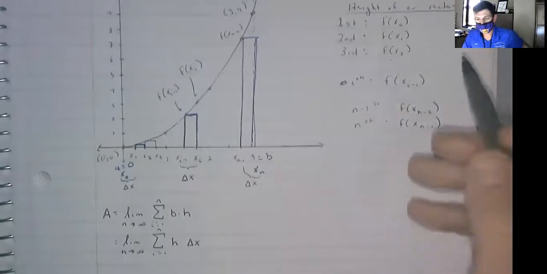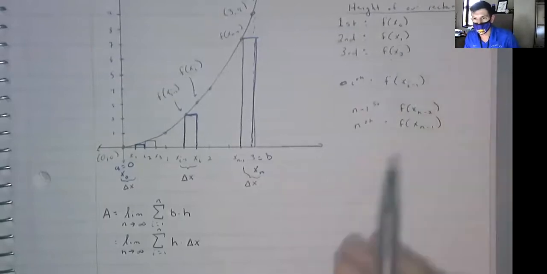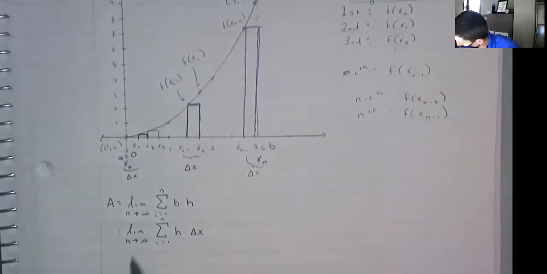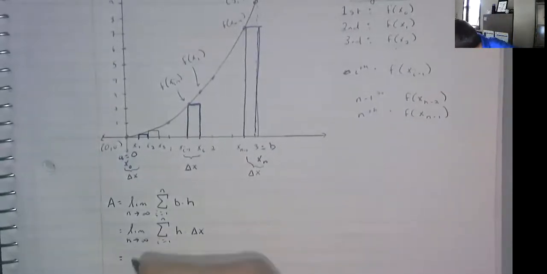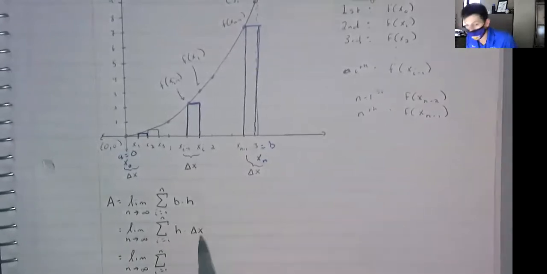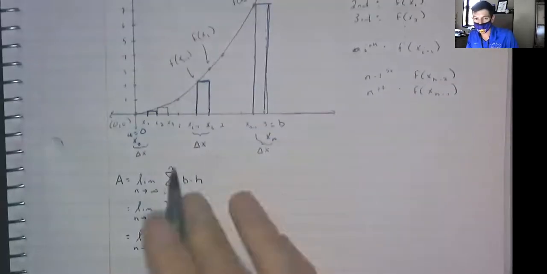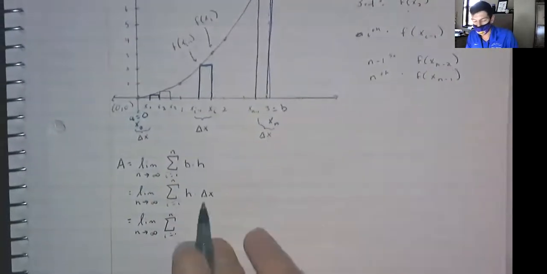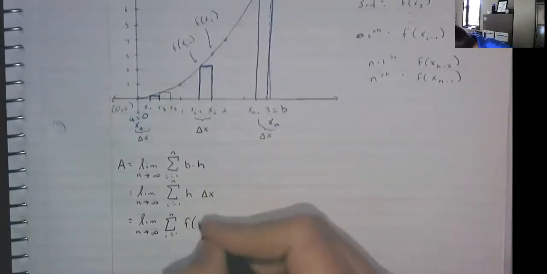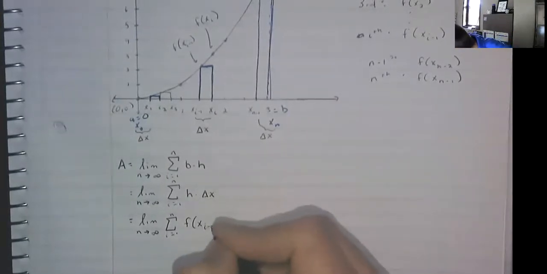So hopefully seeing this, you will now feel less resistance to this next line where I claim that this limit is of the sum from 1 to n of delta x, which is our agreed upon consistent base, but the height here is going to be f of x sub i minus 1.